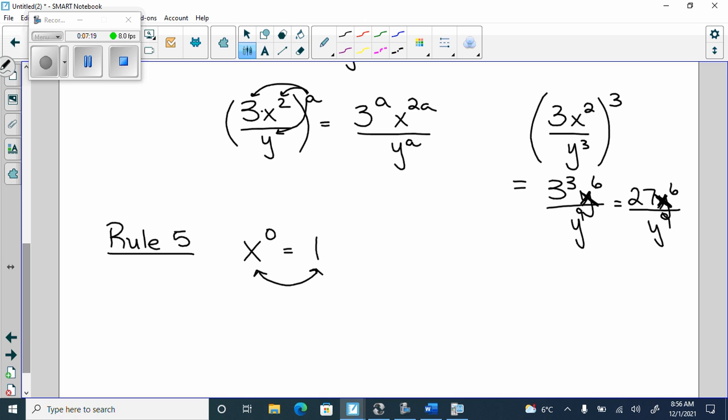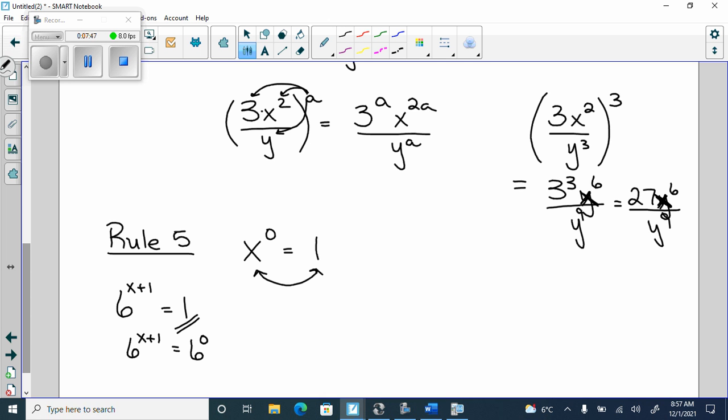Well, say I had this: 6 to the x plus 1, which is what we're going to do today, equals 1. And I want them to be base 6. What could I do with this? Change it to 6 to the 0. So 6 to the x plus 1 equals 6 to the 0.